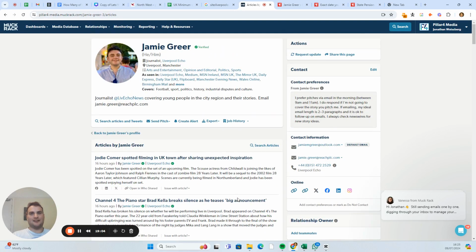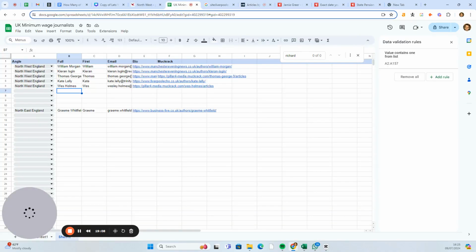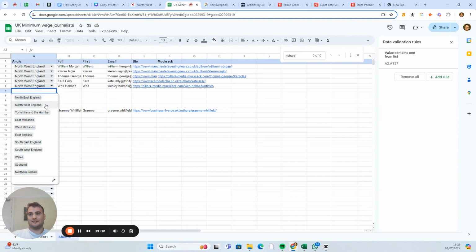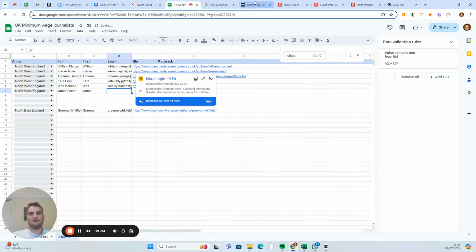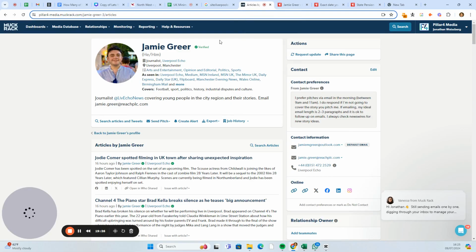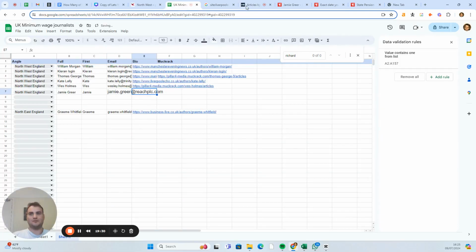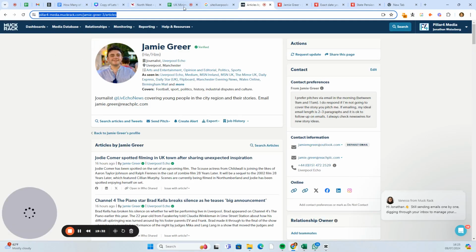So they're just publishing useful stuff for Liverpudlians, which this is, I think anyway. So Jamie Greer. I don't know why I thought it was Jamie Holmes. It's because that person was Wesley Holmes. And also they're making their email really easy to find, which means that they're open to pitches.